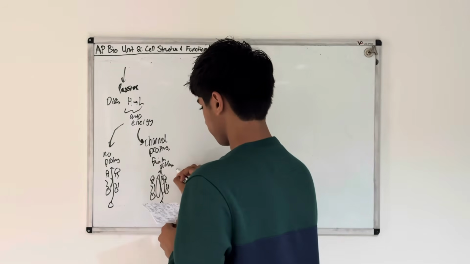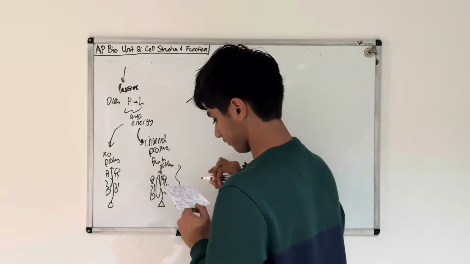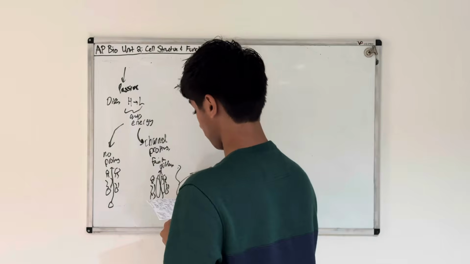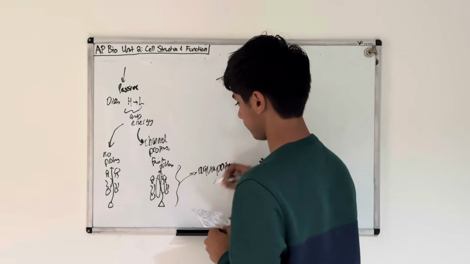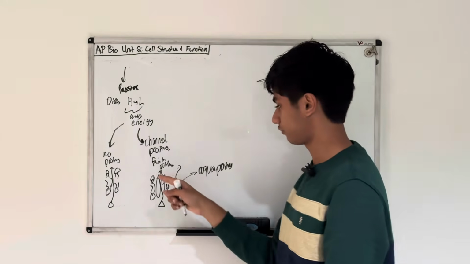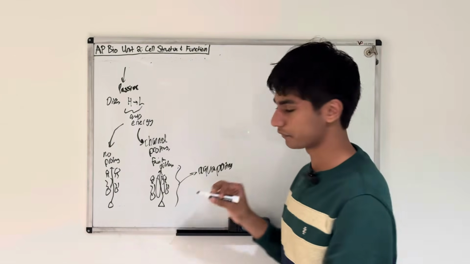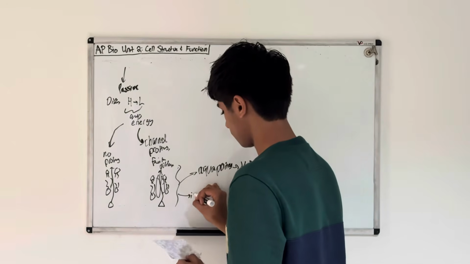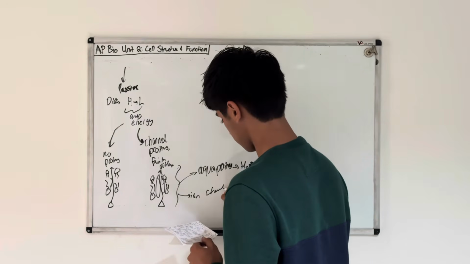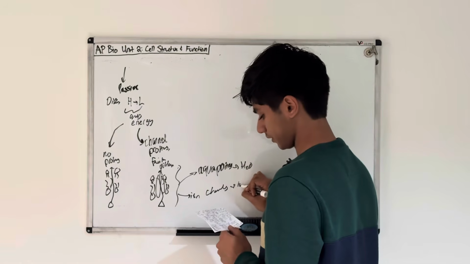Examples of facilitated diffusion include some special types called aquaporins. Aquaporins are special channel proteins that allow water to go through. And we have ion channels, which are a special type that allows ions to go through.